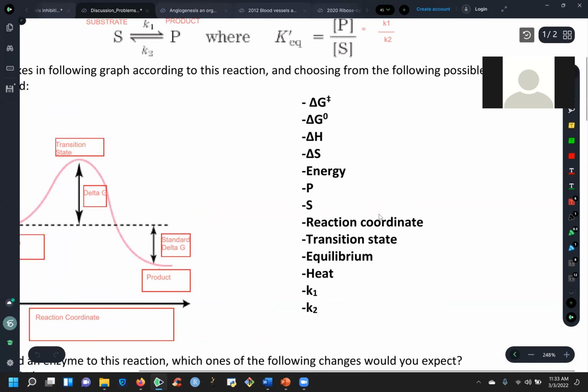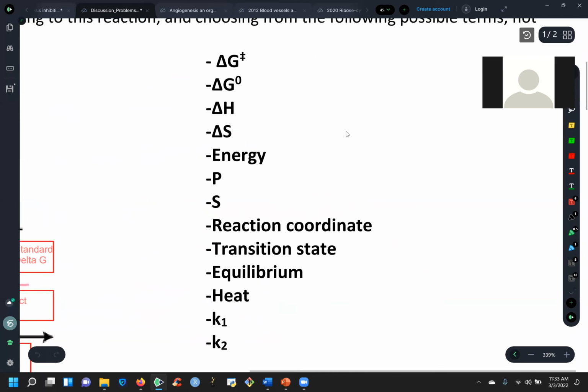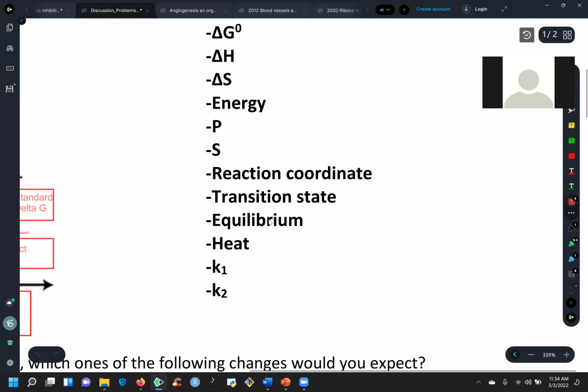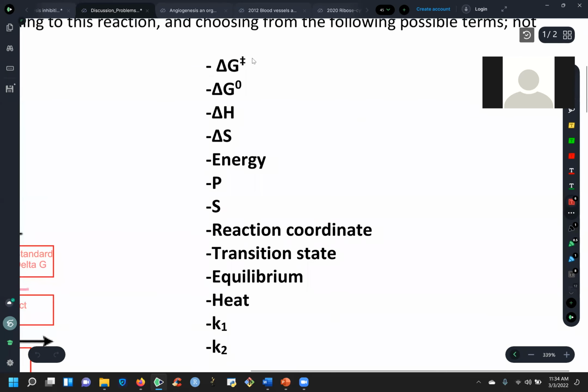So annotate right here for yourselves what all of these are. She put them here for a reason. So the delta G, for example, what is it? Free energy change.